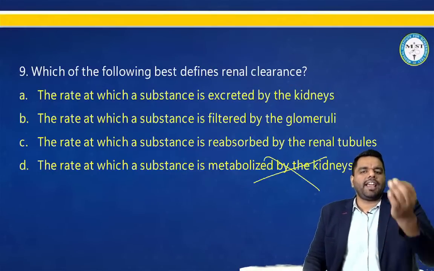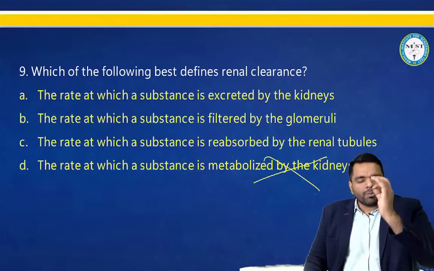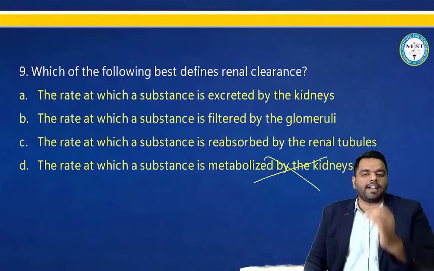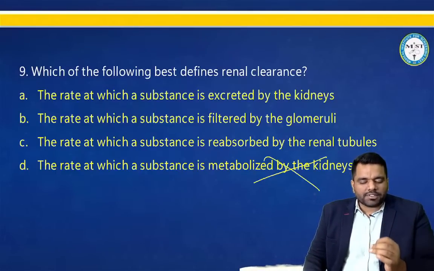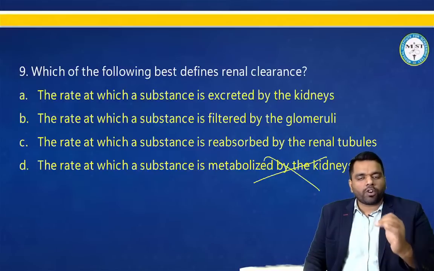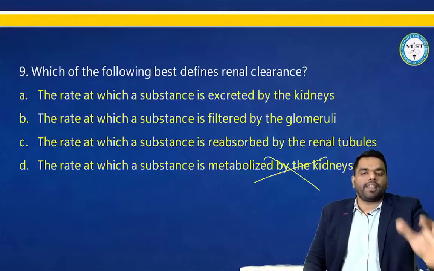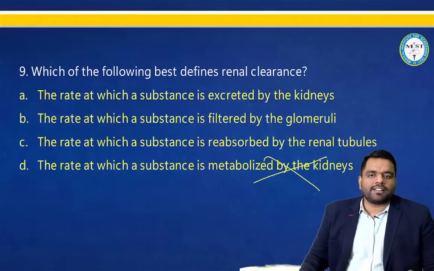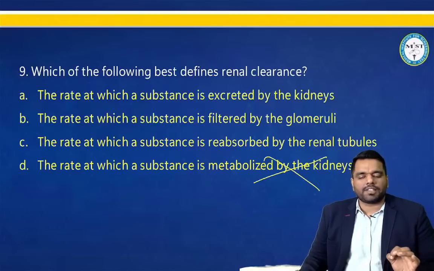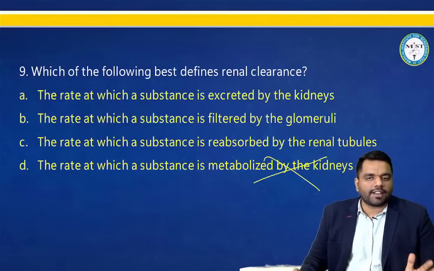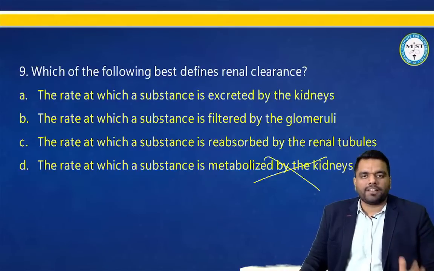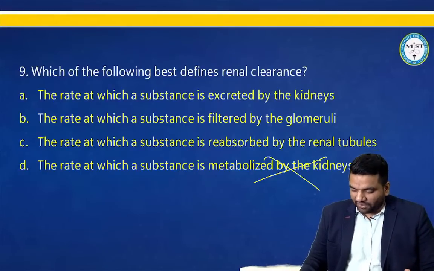Clearance means any substance which is moving out from the kidney, or ultimately moving out from the body. So this is called renal clearance, meaning at how much rate or at how much speed a substance is cleared off by the kidney.